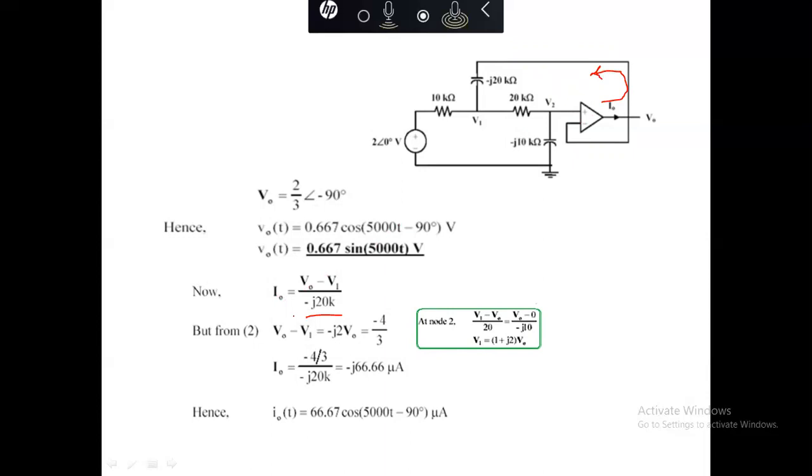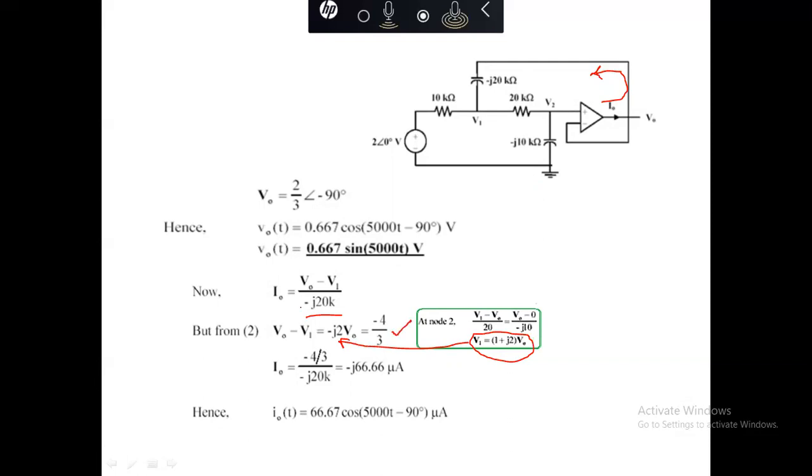So we will substitute the value of V1, which we have derived in equation 1 in terms of Vout, and we will get this value equal to minus j2 V naught. By substituting the value of Vout equal to minus 2 by 3j, we will get minus 4 by 3.